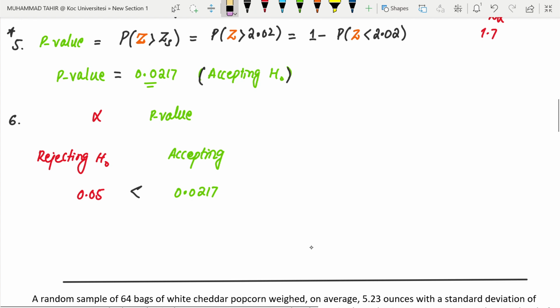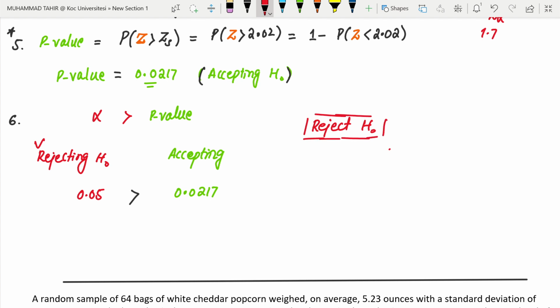I have written it in reverse. So the rejecting side wins: alpha is greater than p, which means we will reject. So the answer is reject H0. This is the answer. Okay.